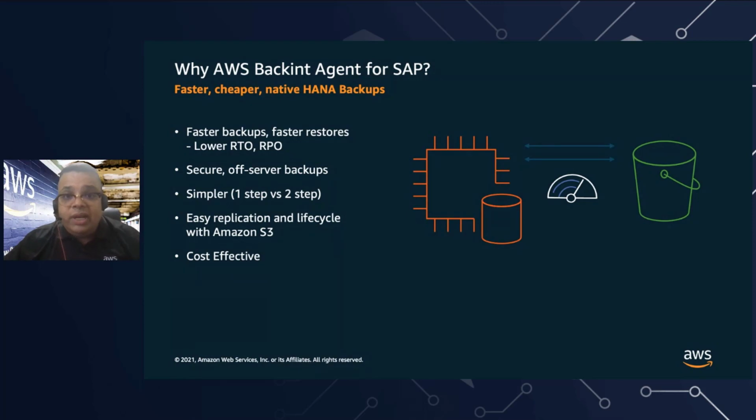You can also use native SAP tools to schedule log backups to S3 regularly. I already told you about that. And so basically, the speed of the AWS backend agent also allows a lower recovery point objective, RPO.